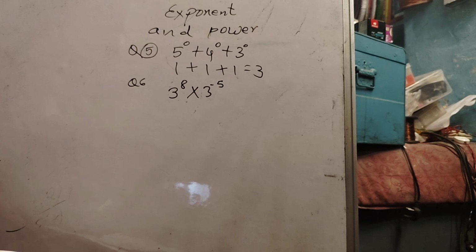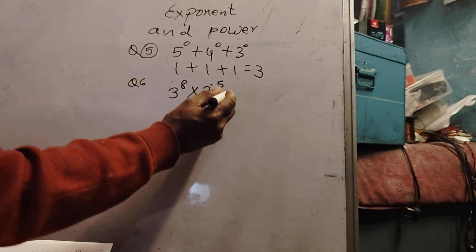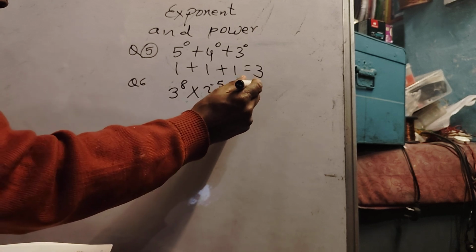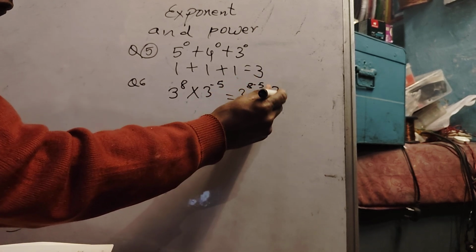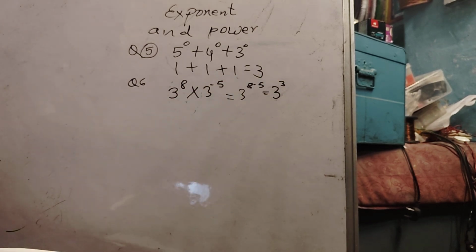So 3 power 8 minus 5, which is 3 power 3.